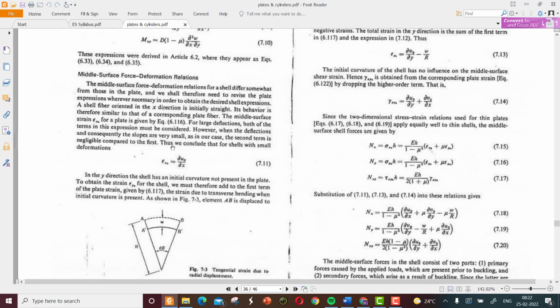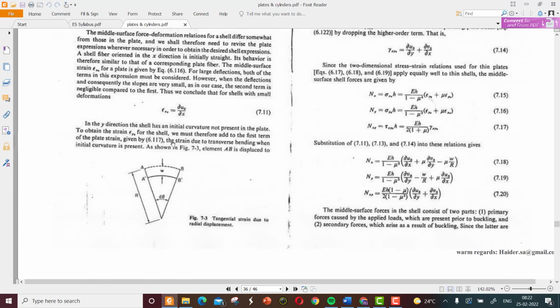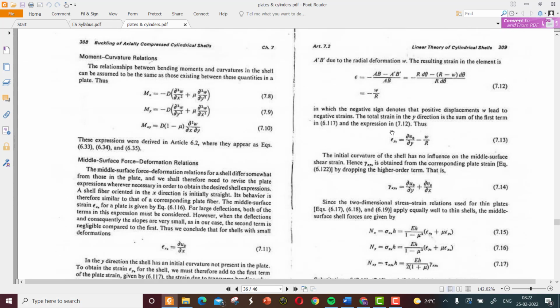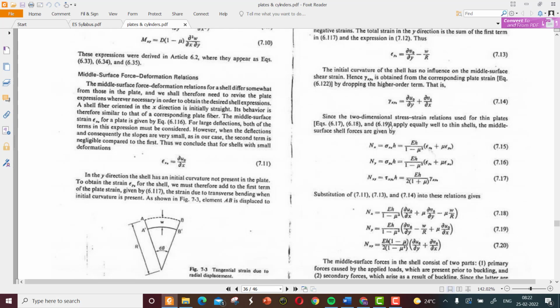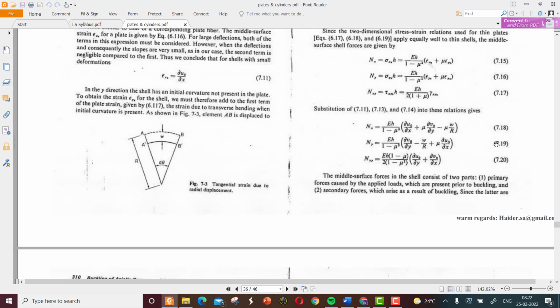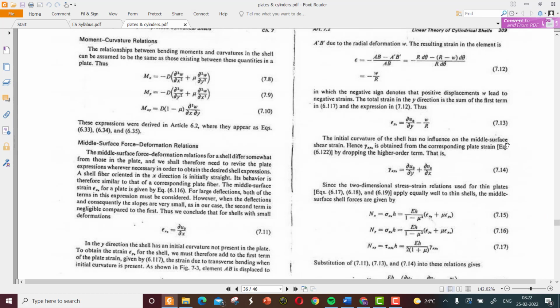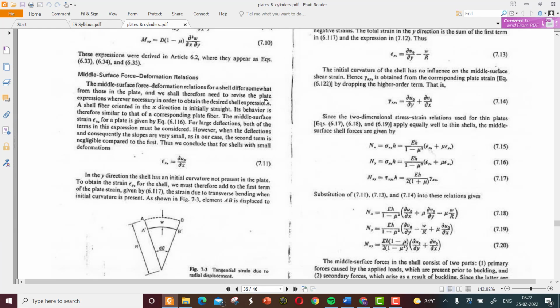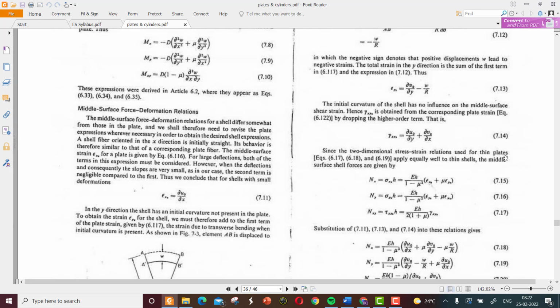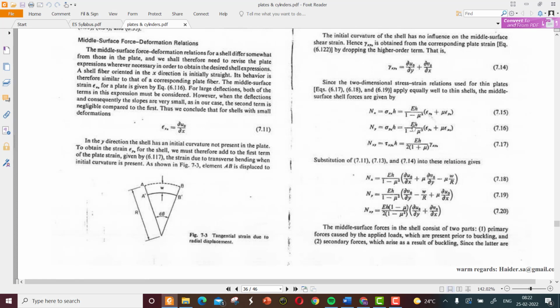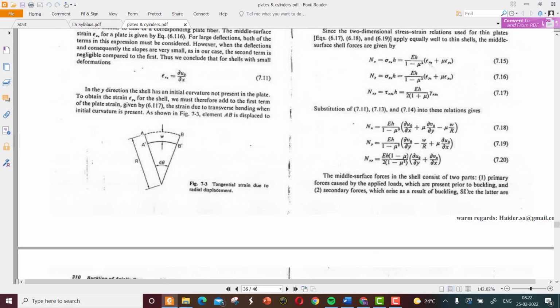Next is the middle surface force-deformation relationship. We derived the relation between the axial forces and the axial stresses in the plate equation, as given in 7.15, 7.16, 7.17. Similarly, applying the displacement relations 7.11, 7.12 and 7.13 into these relations will give you the modified equations 7.18, 7.19 and 7.20.